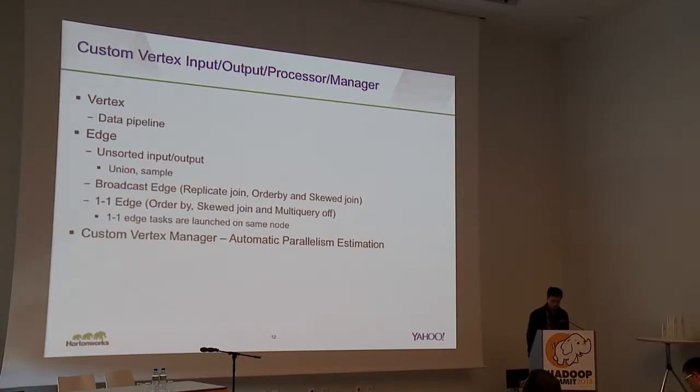In many cases, sorting is not necessary. For example, union only needs to combine two inputs together without sorting. The sample file in the order by and the right relation in the replicated join only need to be broadcast, but without sorting.